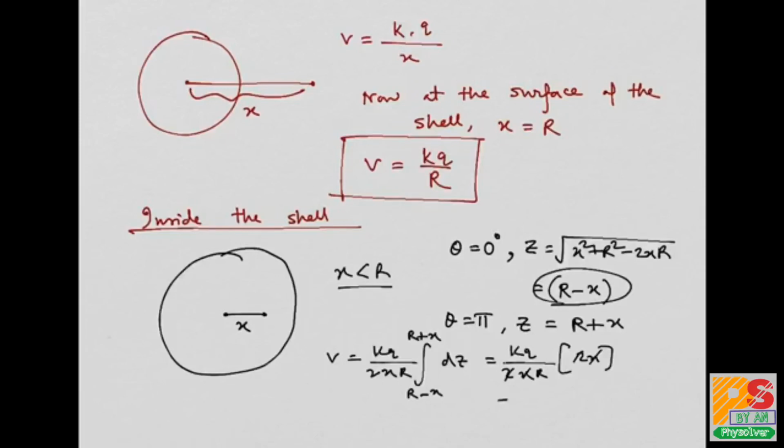Hence potential at any point inside the shell is kq by r, which is the same as the value of potential at the surface. Therefore I can say potential V inside is constant, right? This is the expression kq by r.